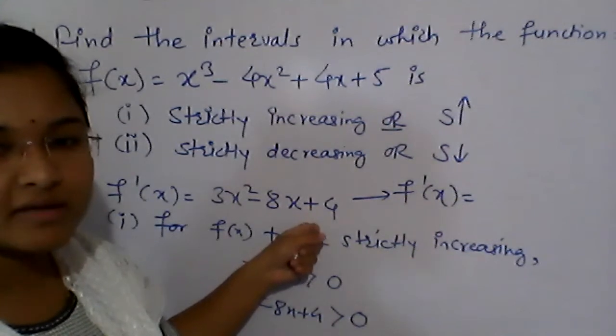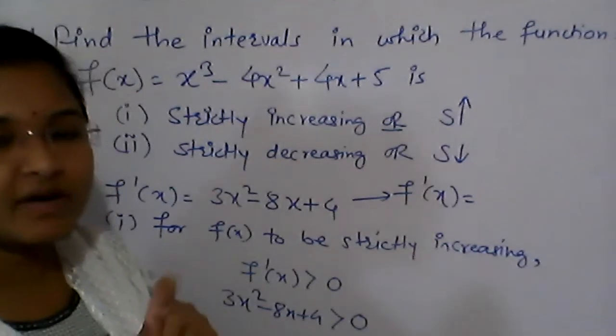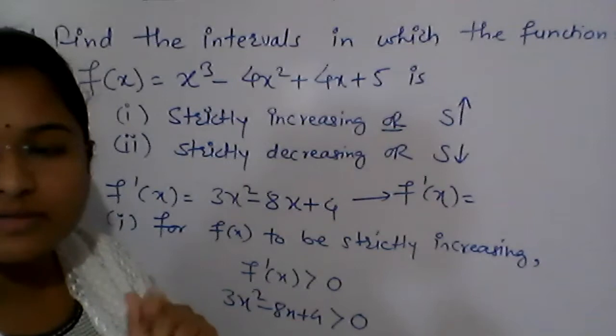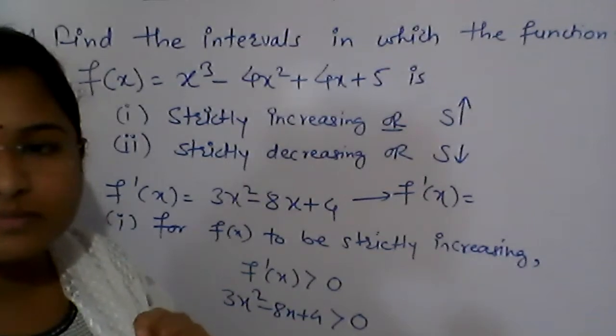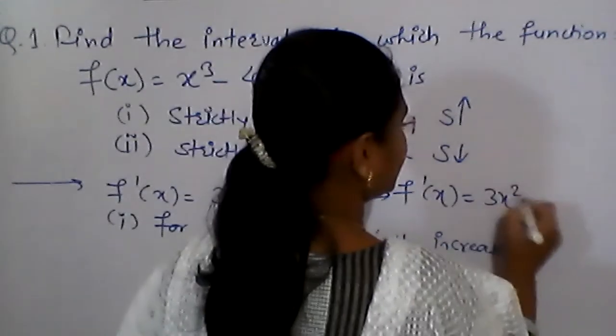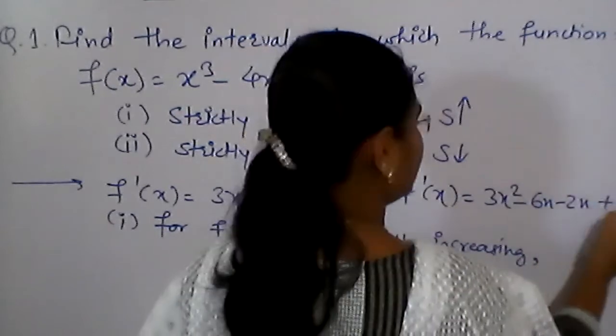Are you getting it? Because we have to find the intervals, we cannot take 2 and 6 there. So it will be 3x square minus 6x minus 4x plus 4.